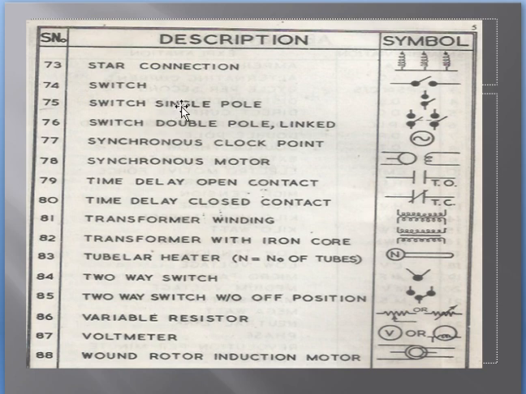Here you can see star connection, switches, single pole, two-way switch, voltmeter, variable resistor, transformer with iron core, transformer windings. These are the open contact and close contact. We have already discussed all the symbols.